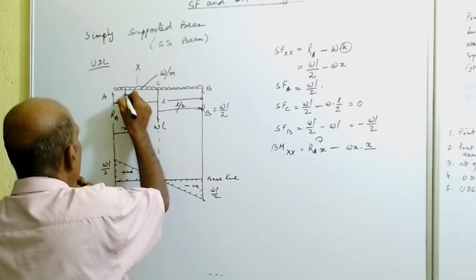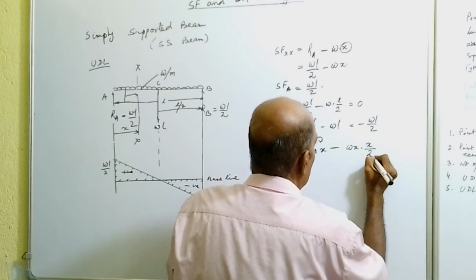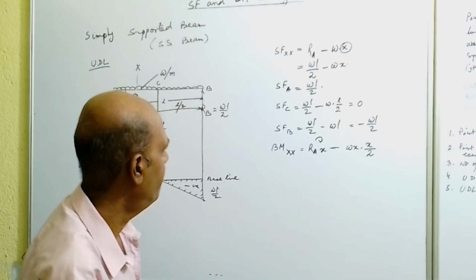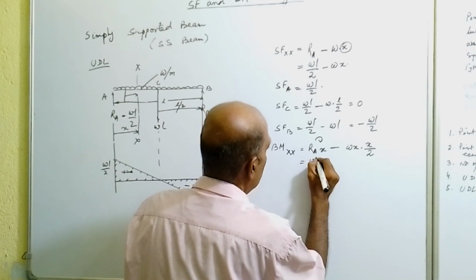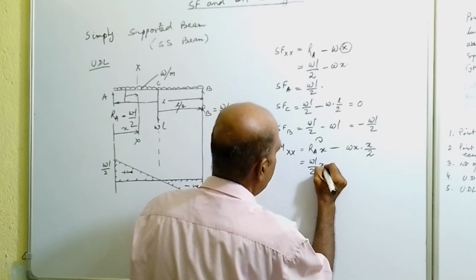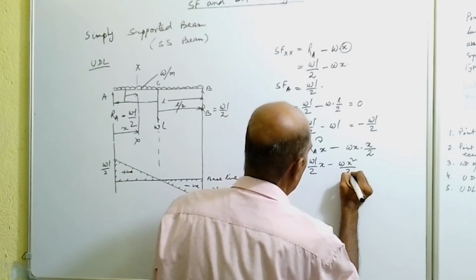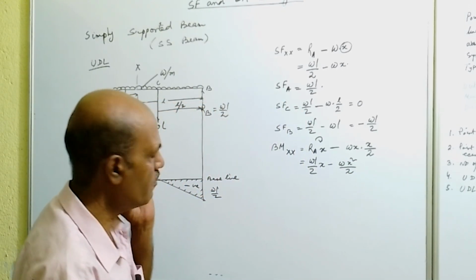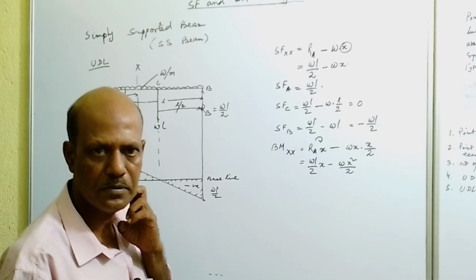So this is the center of gravity, from this to this distance is equal to X by 2. Okay, so put the RA value: WL by 2 into X minus WX square by 2. So we have got bending moment at section XX.